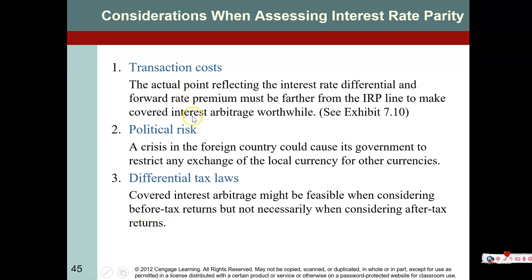When we're using covered interest arbitrage, in reality, we not only want to make sure that the forward premium P is larger than IH minus IF, so our point is on the right-hand side of the IRP line. We also want to look at the transaction costs, the political risk, and the tax laws in the different countries.